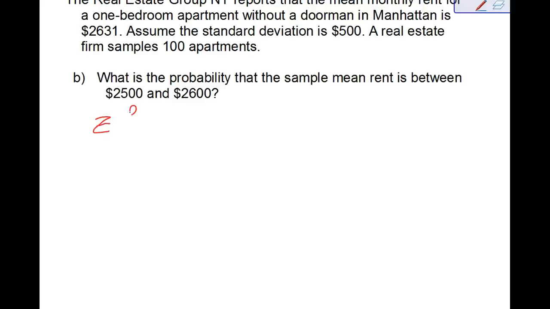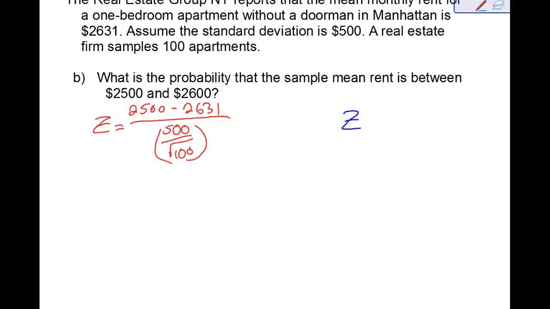We find the z-score for $2,500, using our actual mean of 2631, a standard deviation of 500, and a sample size of 100.